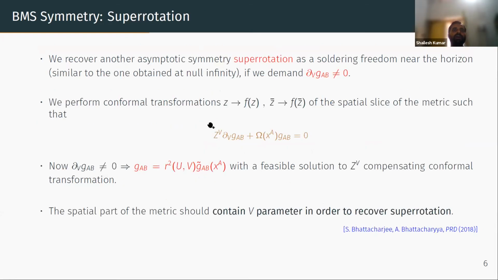Further, if we try to recover the extended asymptotic symmetry, which is known as super rotation symmetry, this can also be achieved in the context of stitching of two black hole spacetimes.